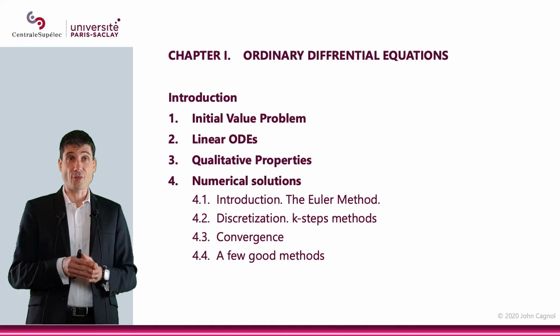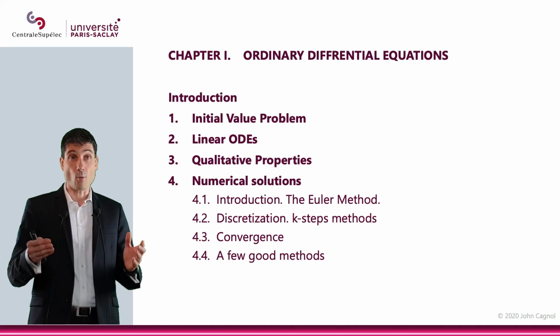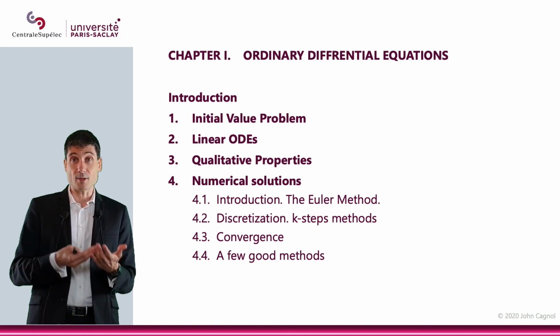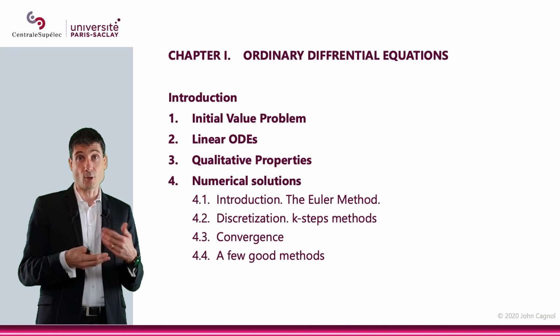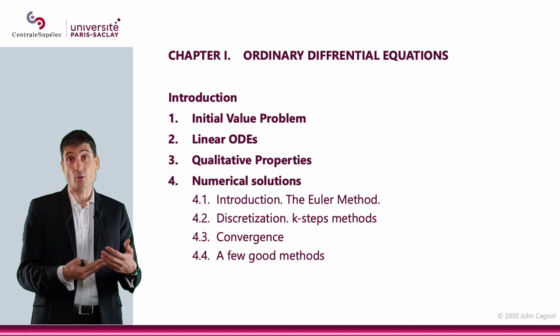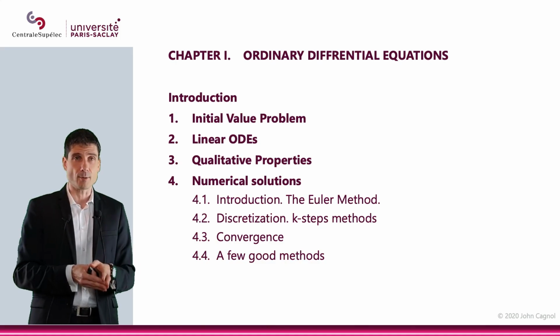After which we'll have a third video in section 4 about convergence. When we have numerical schemes, numerical methods, can we guarantee that what we compute, I mean the approximate solution, is somehow converging to the solution when what we'll call the step goes to 0?